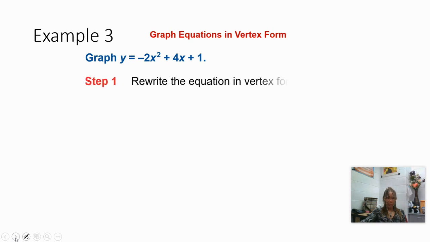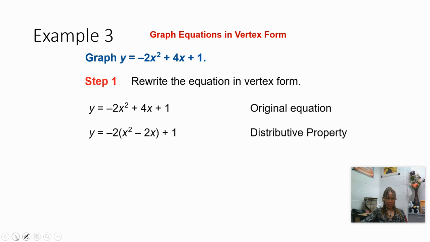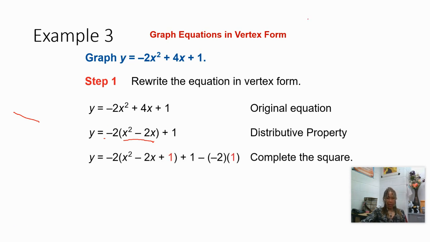And yeah, you're going to do this. This is the last thing, I promise. All right, so rewrite the equation in vertex form. Here's our original equation. We're going to factor out the -2. There you go. Now I'm only going to work with this piece right here, and I'm going to complete the square. So I'm going to say -2 is my b.